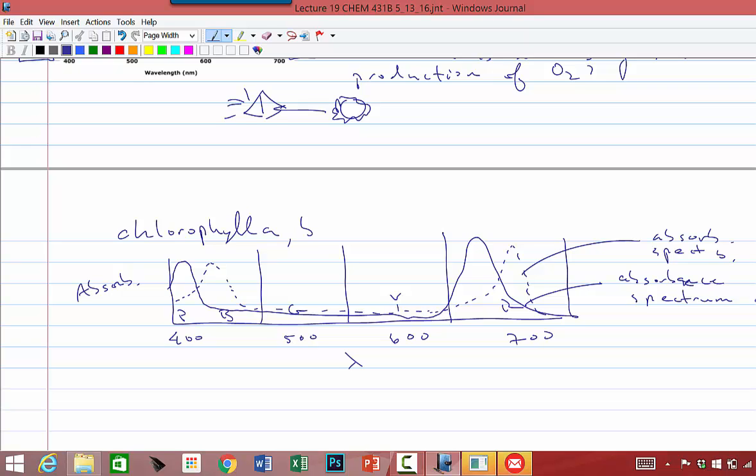Okay. Before I show you this, let's show you this diagram here. So here we have something called a light harvesting complex. And by the way, these are all found in the thylakoid membranes. So we're talking about the thylakoid membranes here. Here we've got a photon, which is going to hit the antenna pigment molecules. That's another word for chlorophyll. So don't get so excited about antenna pigment molecules.